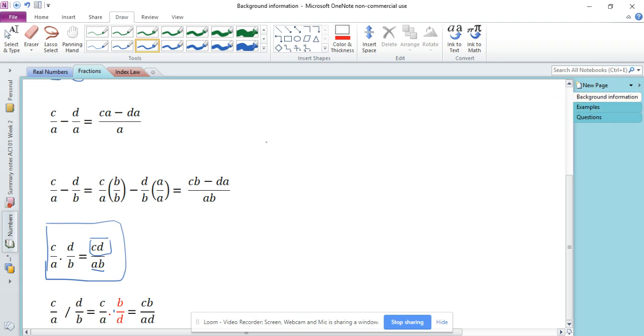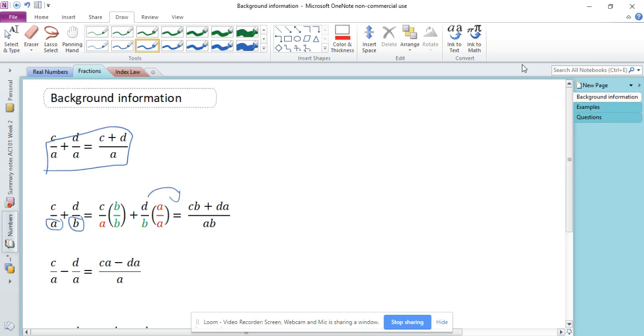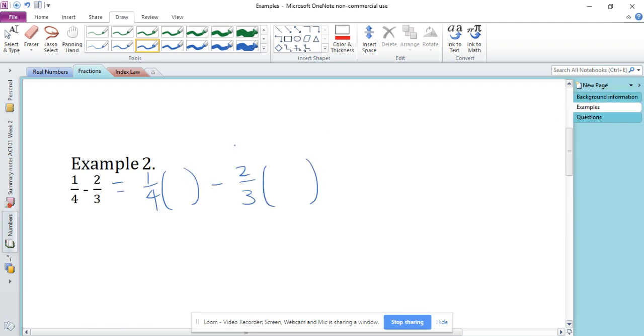Look at the property again. The first bracket is the second fraction's denominator. So look at the second fraction denominator straight: times 3 over 3.